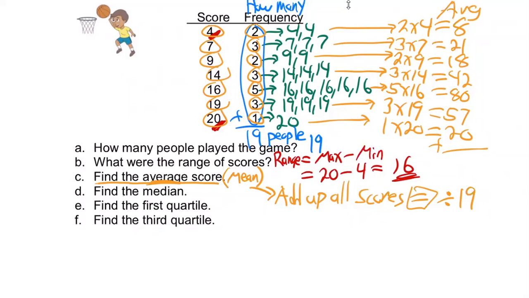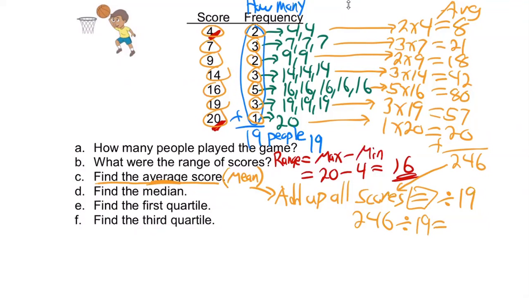Add all those up on your calculator, which I'm going to do now too. I'm getting 246. And then divide by 19. 12.9.